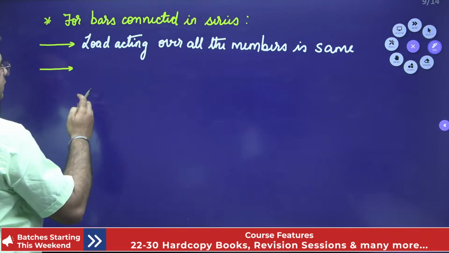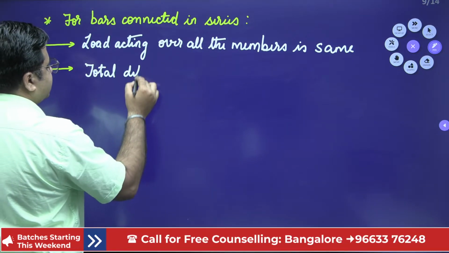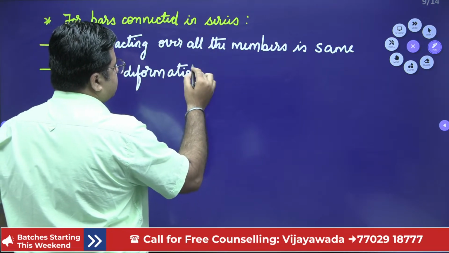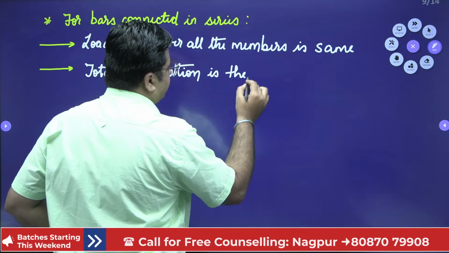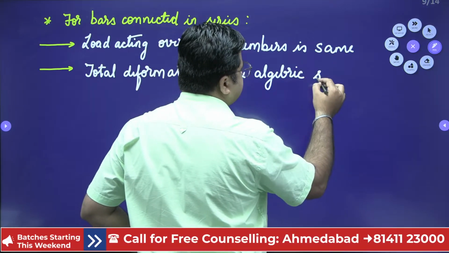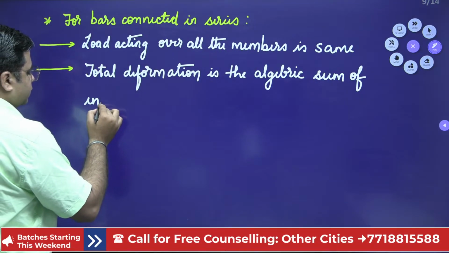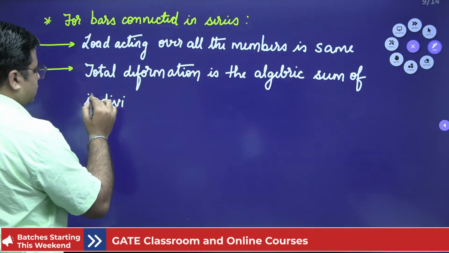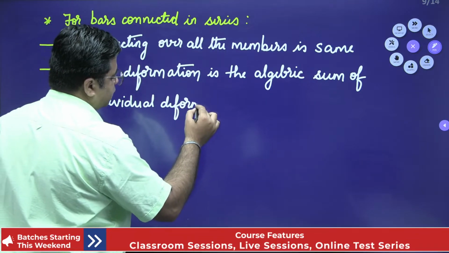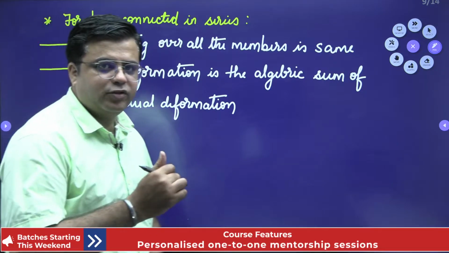So the total deformation is the algebraic sum of the individual deformations.